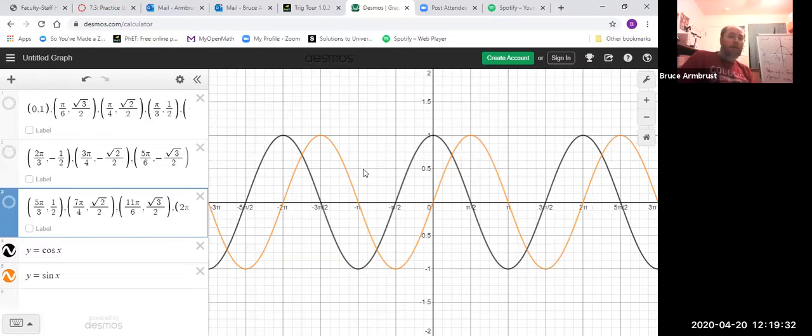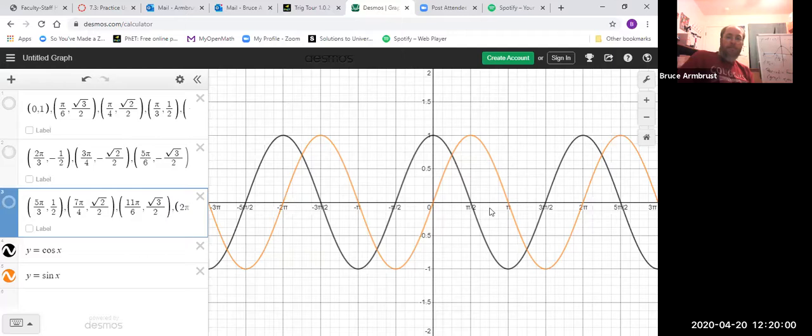But when we look at intercepts, they're a little bit different, right? We already saw the y-intercept is different. On sine, we go through the origin, where cosine went through 0, 1. But also notice that the theta intercepts, the angles we plug in to get 0, are different. They're 0, pi, 2 pi, minus pi, minus 2 pi. So they're different locations, but they're still the same distance away.